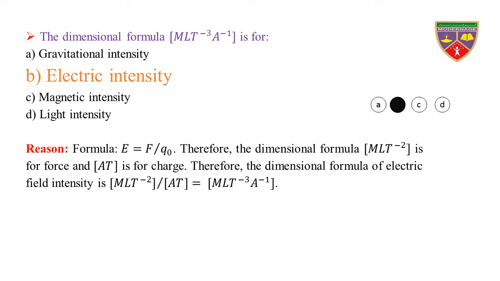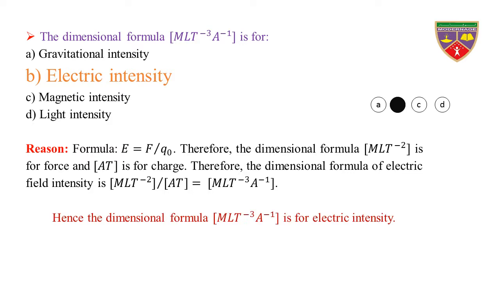Therefore, the dimensional formula of electric field intensity is [MLT^-2] / [AT], which is equal to [MLT^-3 A^-1]. Hence, the dimensional formula [MLT^-3 A^-1] is for electric intensity.